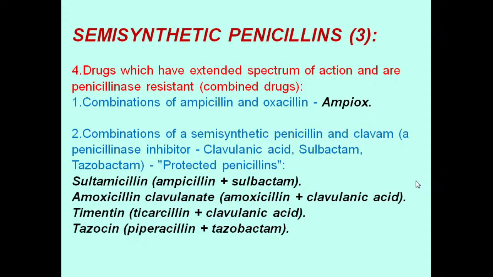That's why we stopped using them separately, but started to use them as an addition because of the ability to inhibit penicillinase. Clavams include clavulanic acid, sulbactam, and tazobactam. And these combinations are called protected penicillins. So penicillins protected from cleavage by penicillinase.